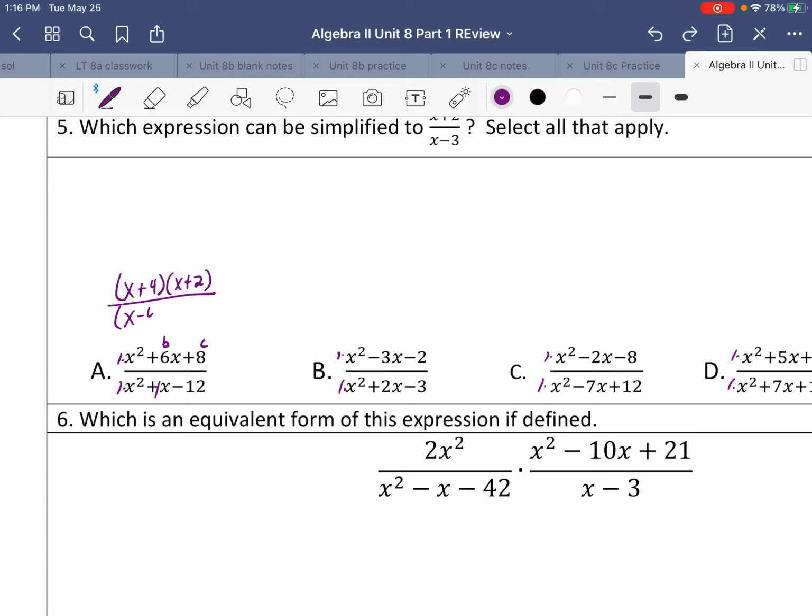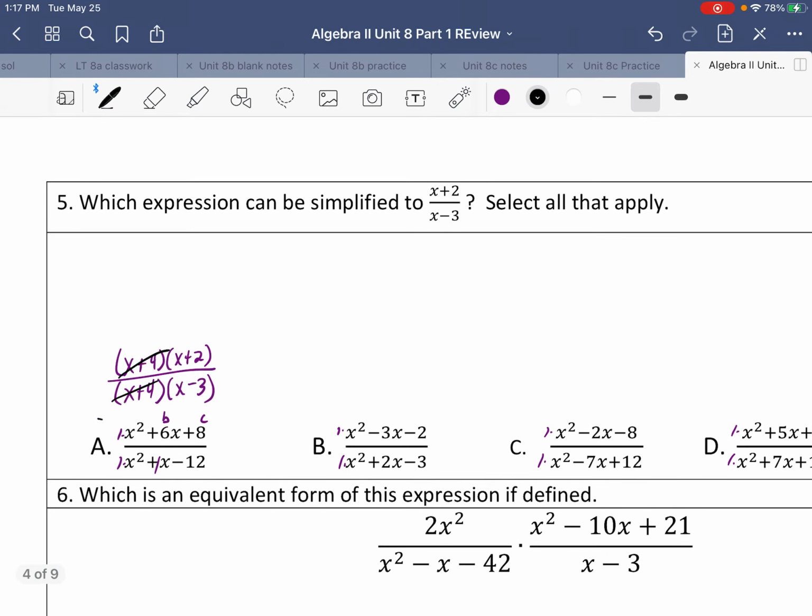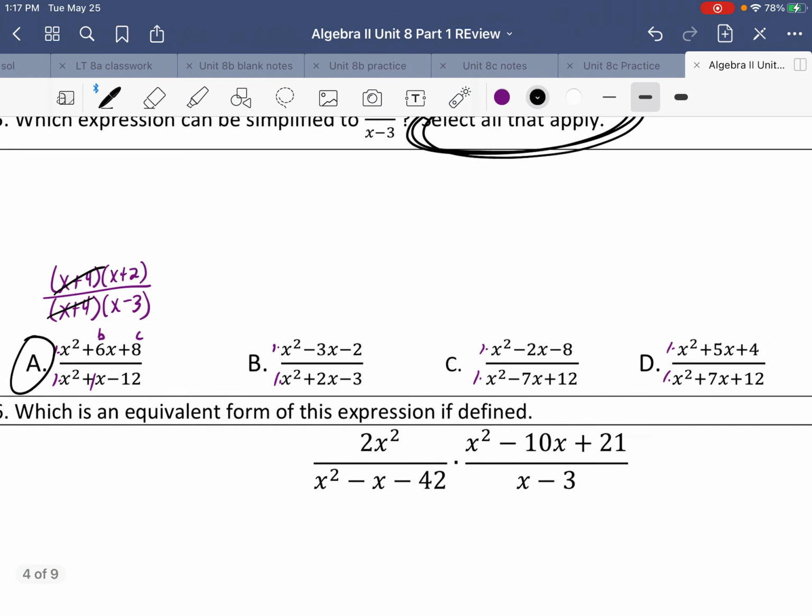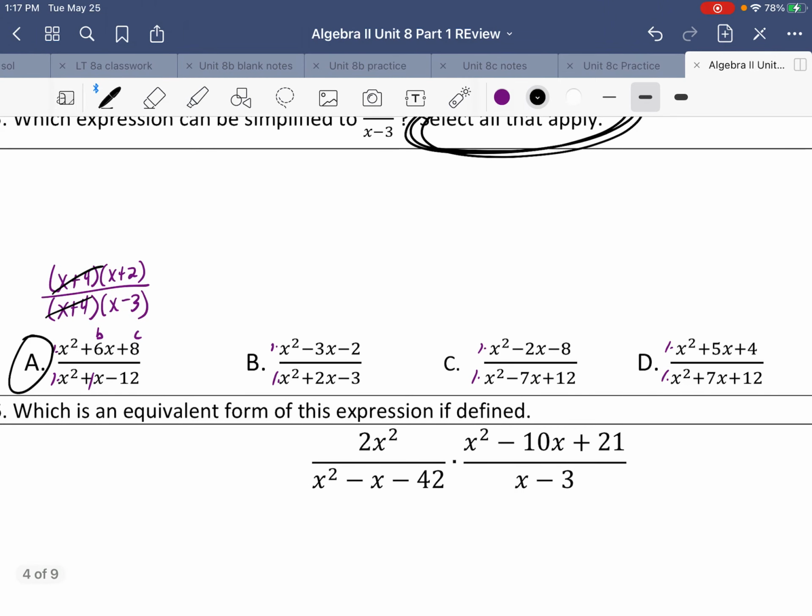So it's got to be positive 4 and negative 3. All right, looking at that, can we simplify anything? Yep. X plus 2, x minus 3. Yeah, that's one of our answers. Don't get caught off guard. It says select all that apply, so we've got to keep going. It could be every single one.